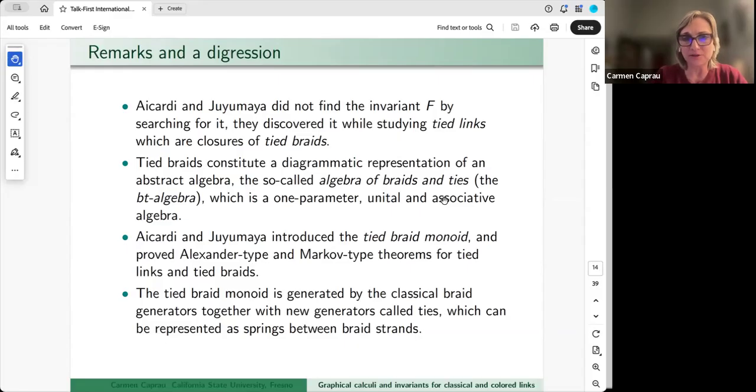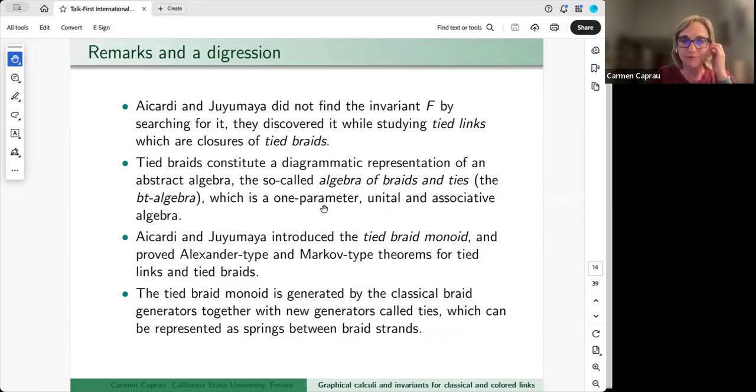Now, those tied braids are closely related to diagrammatic representations for elements in an algebra that they were very interested in. They refer to that algebra as the algebra of braids and ties, in short BT algebra, I assume B from braids, T from ties. It is a one-parameter algebra. It is unital and associative.